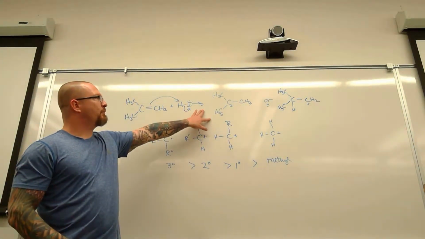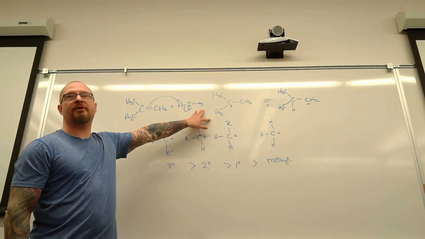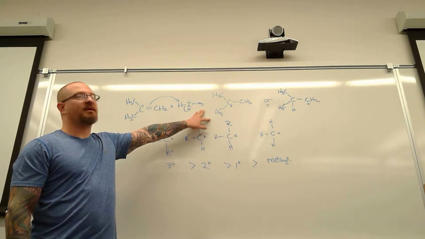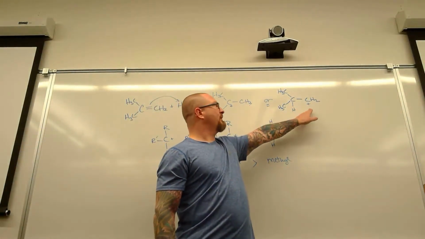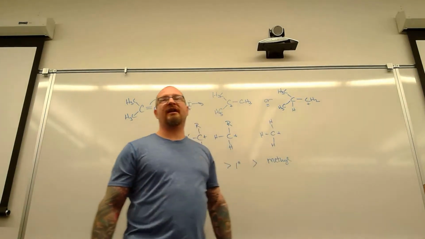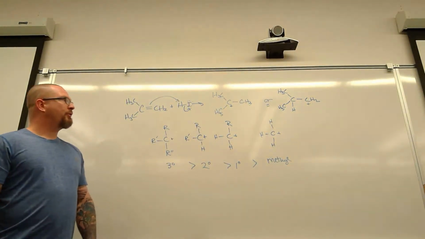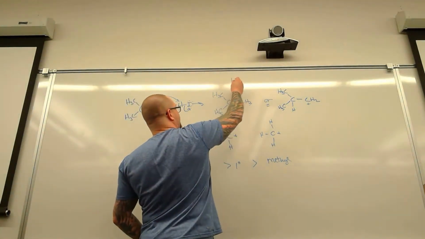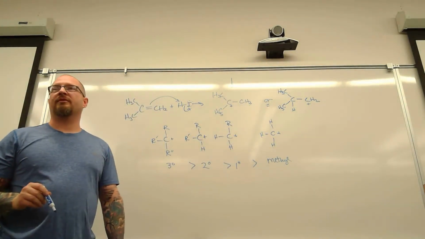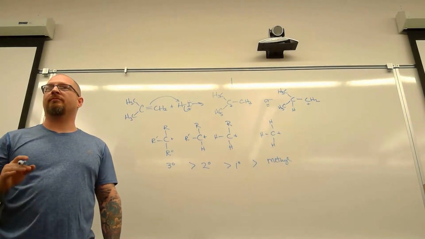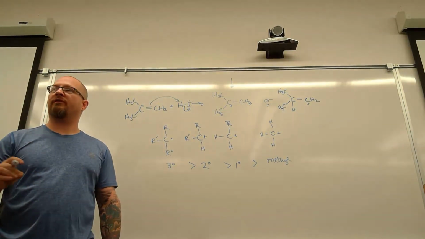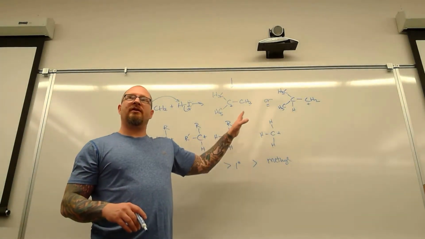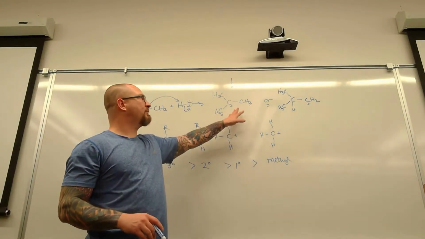So in this case, we have a tertiary carbocation because this is a T-butyl carbocation, and here we have a primary carbocation because we have 1 carbon attached to it. So in this particular case, this will nearly be 100% formed because tertiary is so spectacularly preferred over primary. If this were secondary, there'd be a mixture of products with this one being preferred.